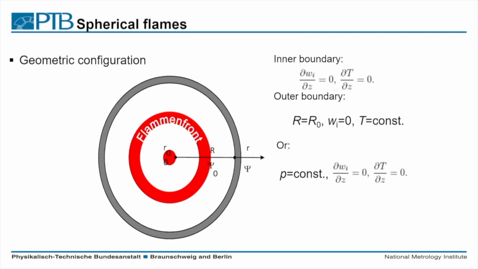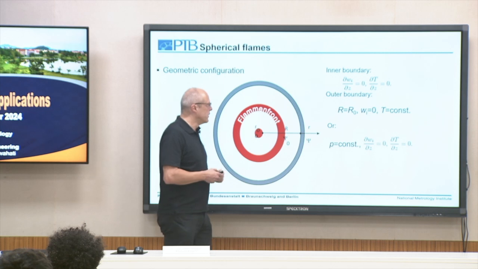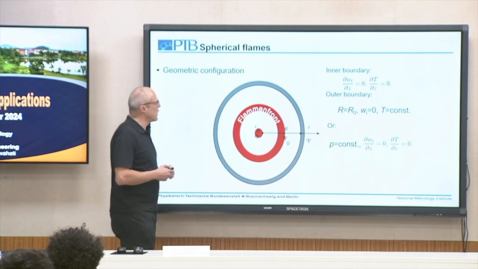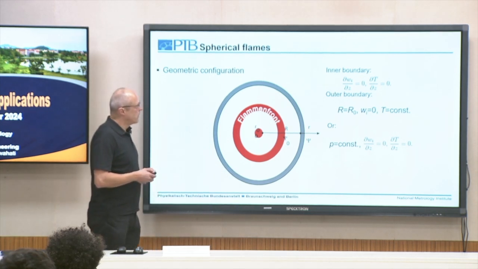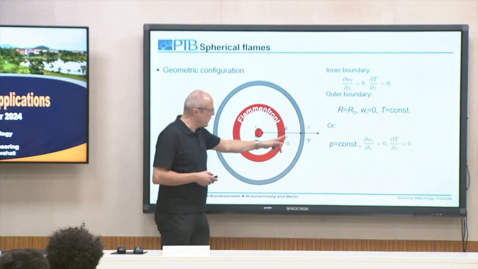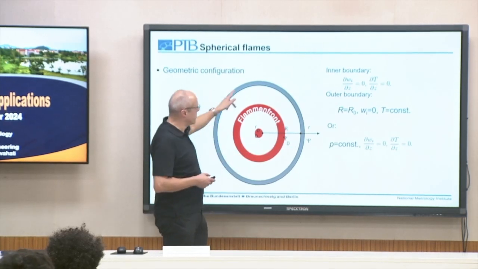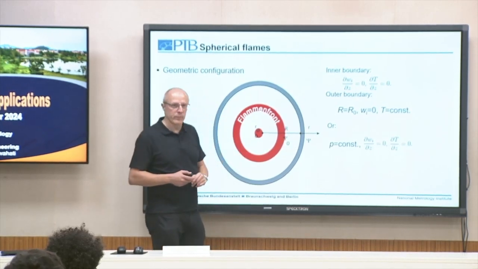So if we look, for example, at a spherical flame, we are interested in the solution of our equation system along this coordinate, and assume that there is no dependency in this direction.